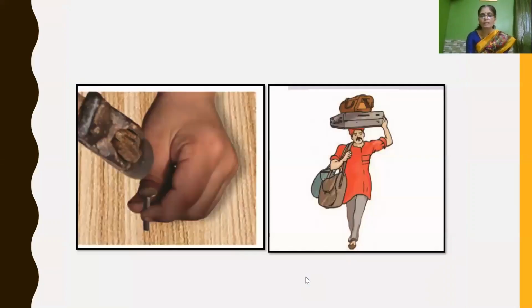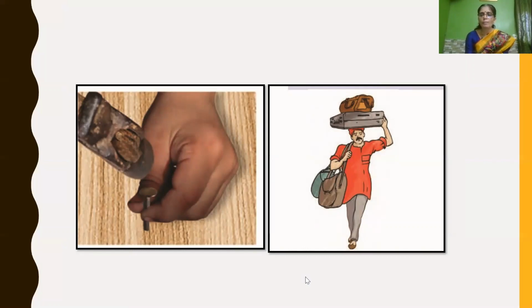And in the same way, in the first figure, the nailing: when you hammer the head of the nail, you keep the sharp edge on the wall. The sharp edge of the nail has a very small area, so whatever force is applied is spread over the smaller area, the tip of the nail, so the pressure exerted will be more, and the nail can go easily into the wall.